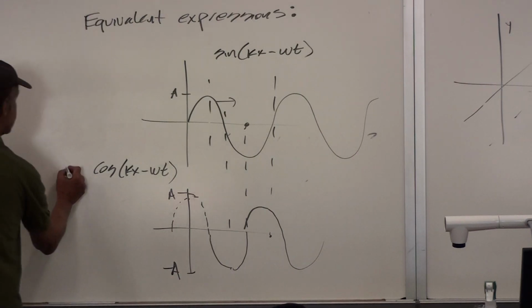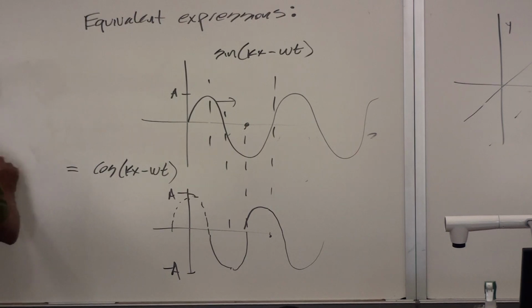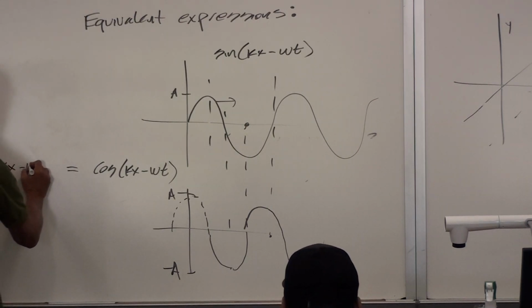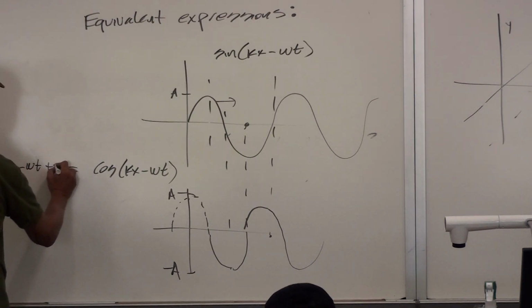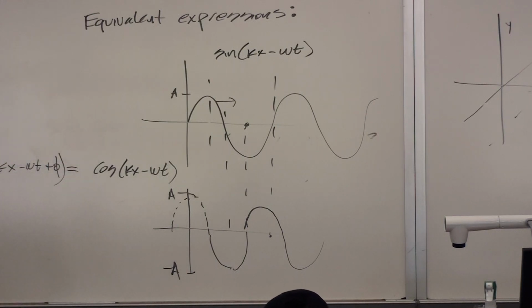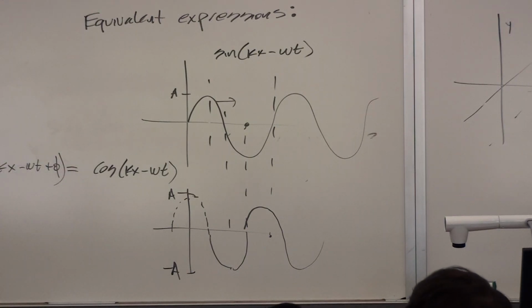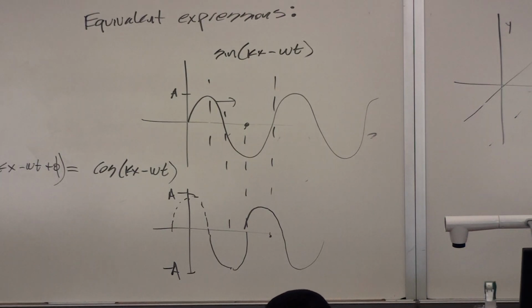This is equal to the sine, in other words, of kx minus omega t plus phi. Tell me what phi is. Just follow the model over there with y equals x and y equals x minus 1.